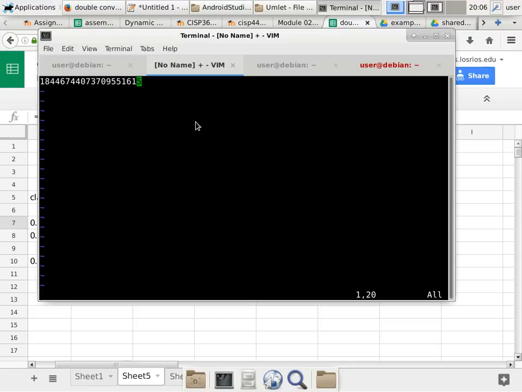Because 1 left shifted 52 times is exactly 53 digits. And this is the smallest value when you have 53 bits. This is the largest value when you have 53 bits. So we now have m exactly the width that we want. Is that okay? Now what do we do?